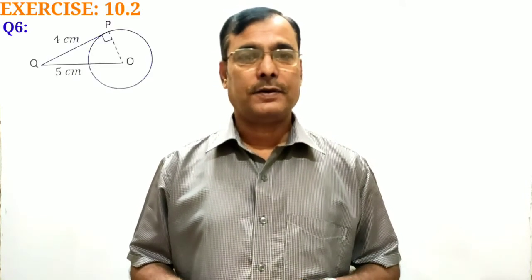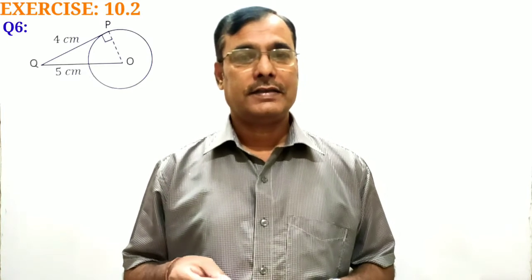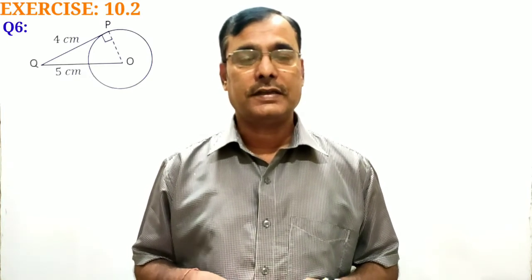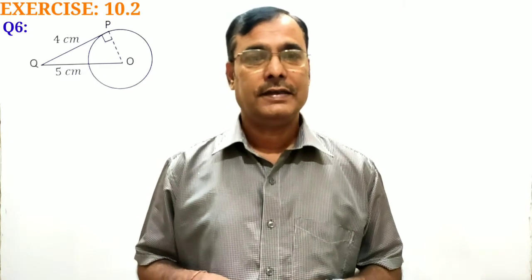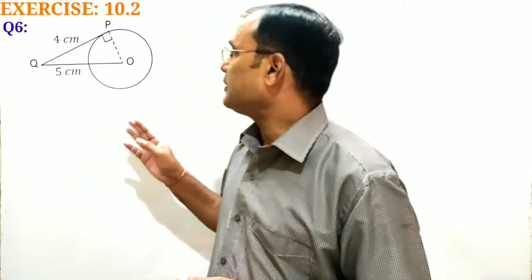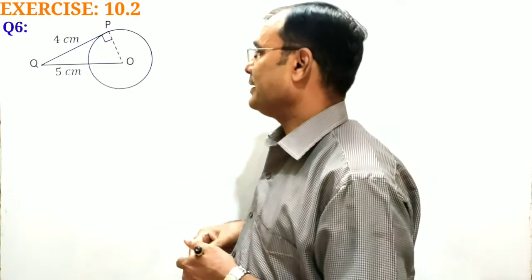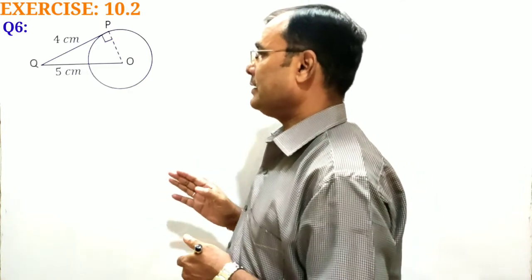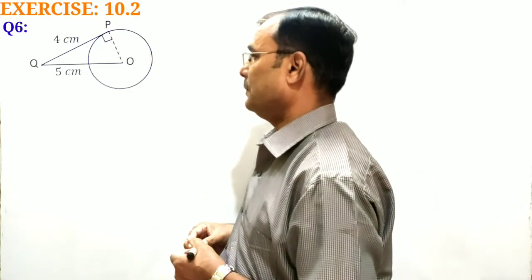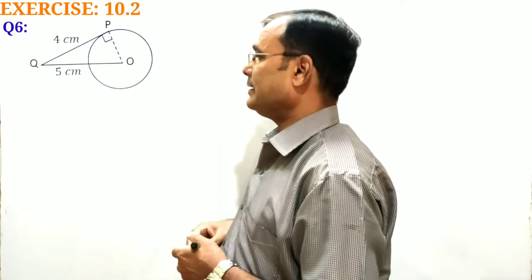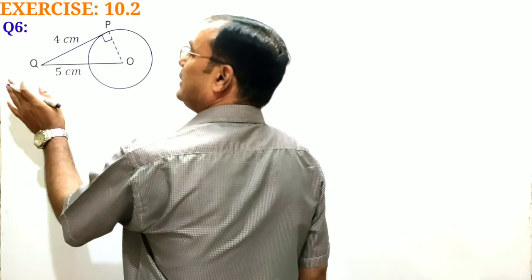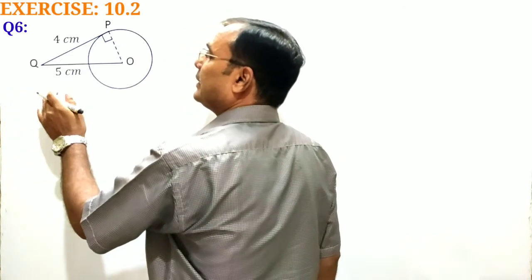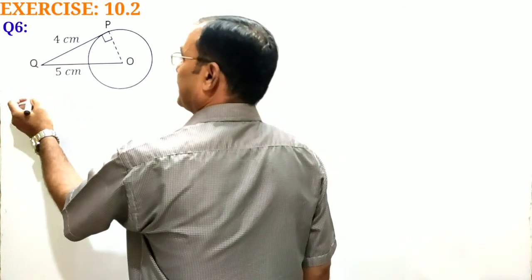Question number 6. The length of a tangent from a point A at distance 5 cm from the center of a circle is 4 cm. Find the radius of the circle. In this figure, AB is a tangent from point A to the circle with center O. Length of tangent AB is given 4 cm, and distance of point from the center is given 5 cm.